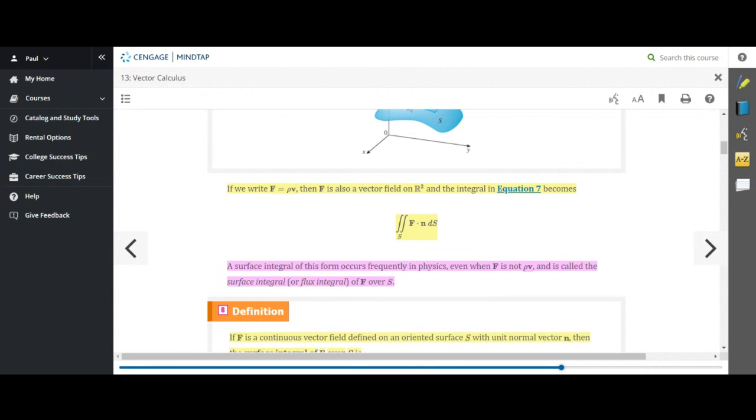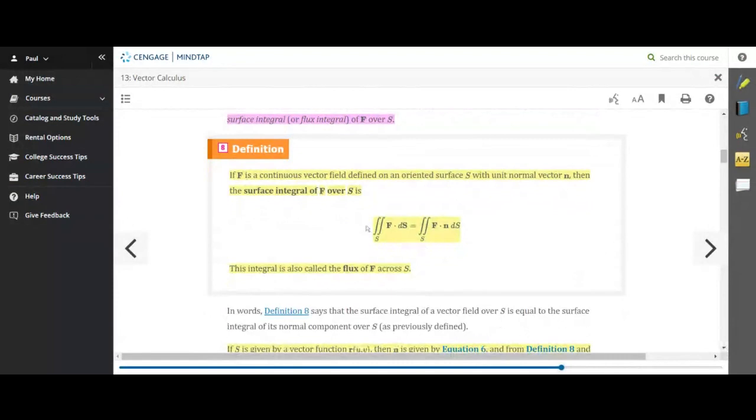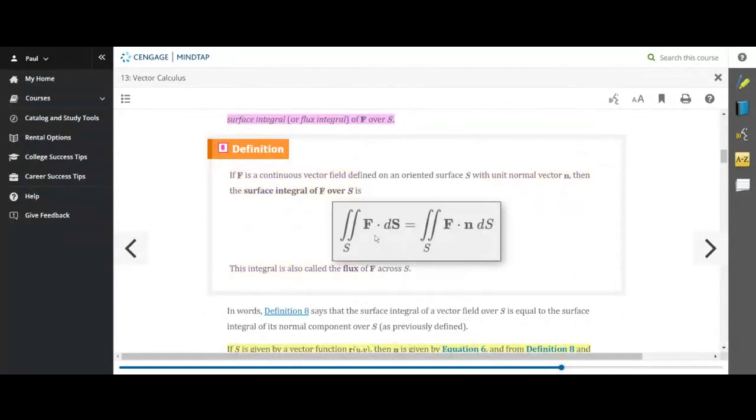And so now you know what this flux means. We don't want this to be an abstract concept. We want this to be a concept that we're comfortable with. And now we know what it means. Here then is the notation for your flux.